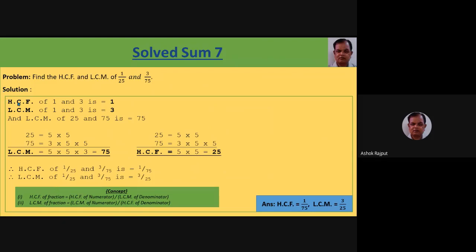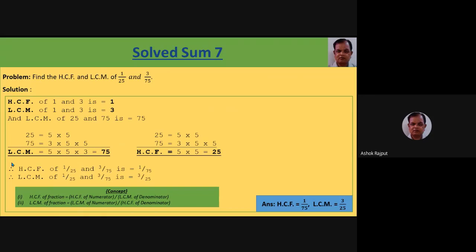Here first we find the HCF of 1 and 3, because we need it. HCF of 1 and 3 is 1, LCM of 1 and 3 is 3, and the LCM of 25 and 75 is 75. We have calculated this also, because those are prime numbers, but these are composite numbers. So first we factorize these. 25 equal to 5 into 5, 75 equal to 3 into 5 into 5.